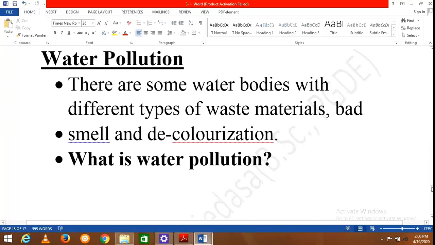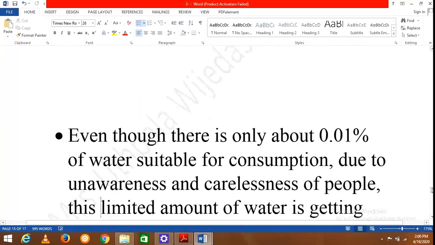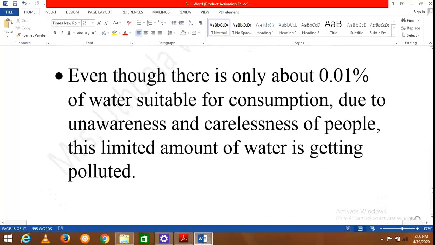So we should learn what are the methods by which water pollution takes place, and we have to minimize those methods in order to conserve water. Even though there is only 0.01% of water suitable for consumption, due to unawareness and carelessness of people, this limited amount of water is getting polluted.